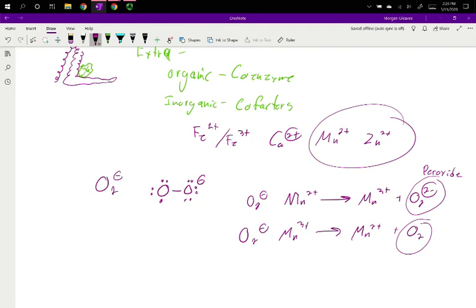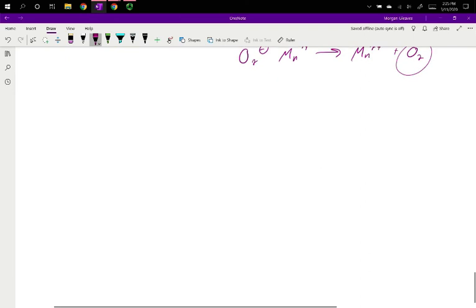We can tolerate it. We have other enzymes that deal with it. It's not very destructive by comparison. And so this is a back and forth. One time it gives away an electron, one time it picks it up, but it's really the metal doing it. The enzyme is just a protein holding that metal in the right position. And so there's plenty of times that we mix other components in rather than just the protein.